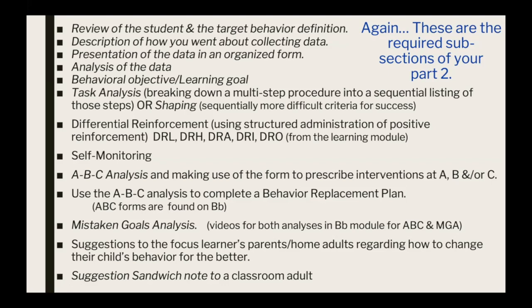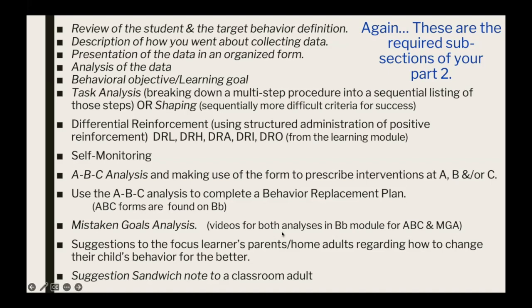Yes, and we didn't address the suggestion sandwich note to a classroom adult. You will study that in the learning modules, but essentially we find that people are more likely to accept our suggestions when we find something positive to say, and then we offer our constructive criticism, and then we follow up with something positive or some encouragement that we believe in them and know they can do that.